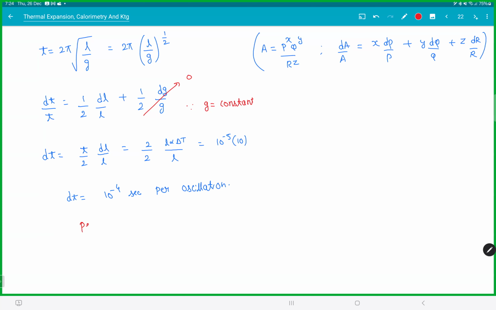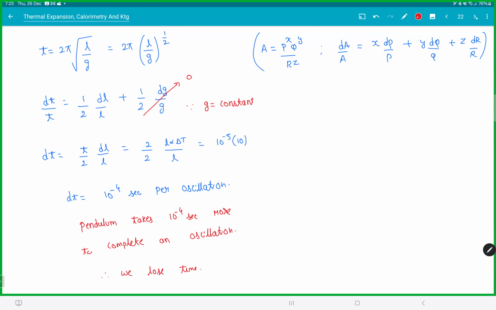So the pendulum takes 10 power minus 4 seconds more to complete an oscillation. Therefore, we lose time actually. So how much time are we losing?